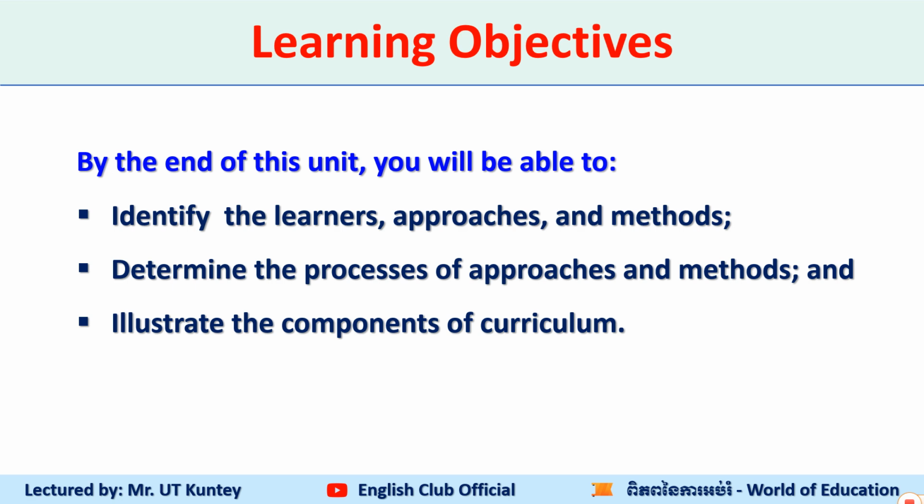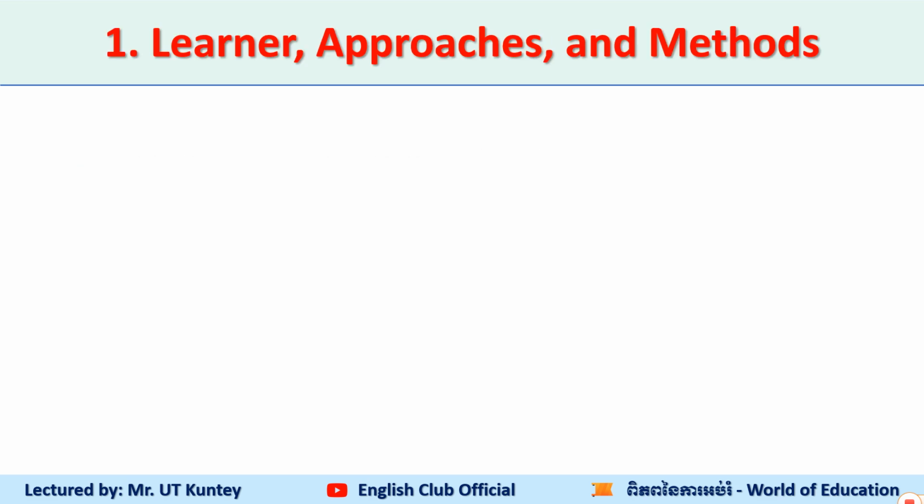The first one, you can identify what kind of learner approaches and methods. You can determine the processes of approaches and methods. And the last one, you have to illustrate the components of the curriculum.